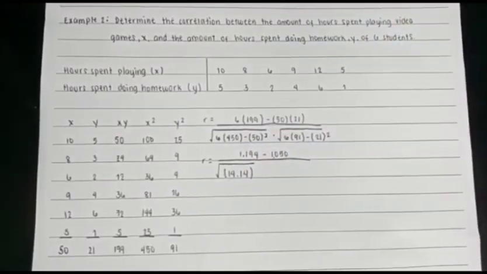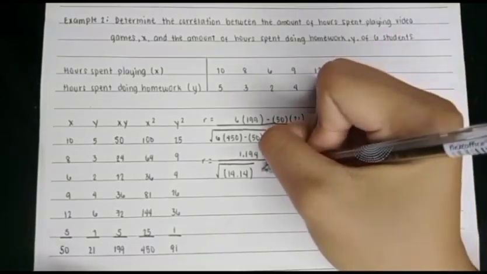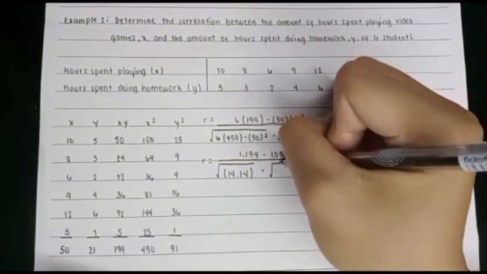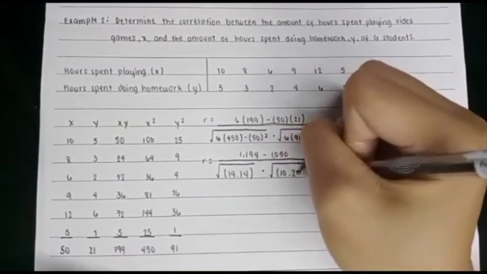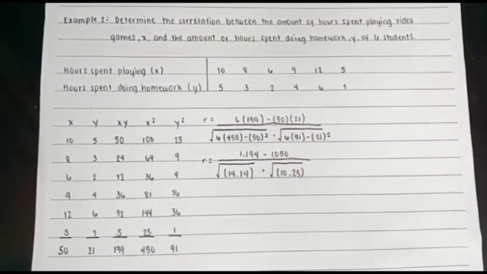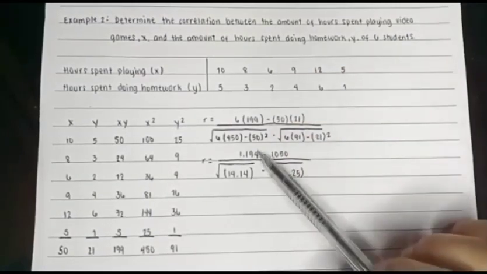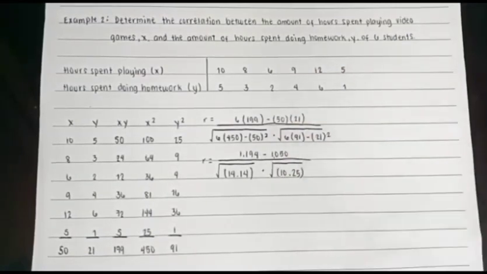Next is same process lang din. Square root of 6 times 91 minus 21 then squared is equal to 10.25. Next step is let's subtract this one. 1,194 minus 1,050 is equal to 144.